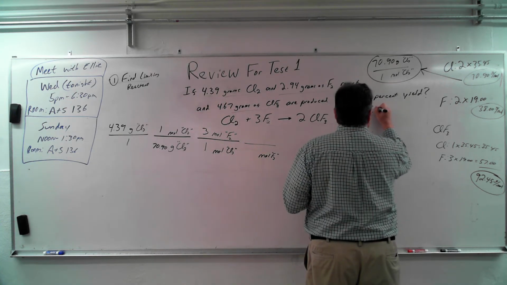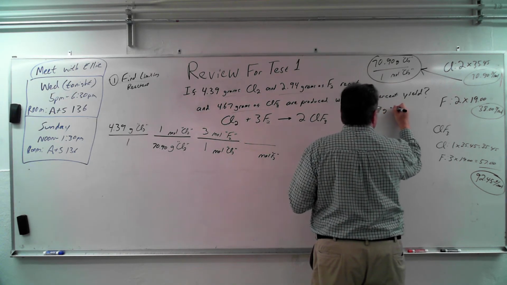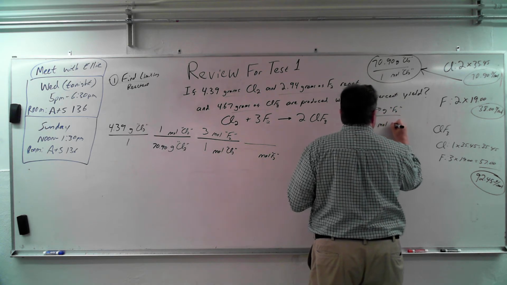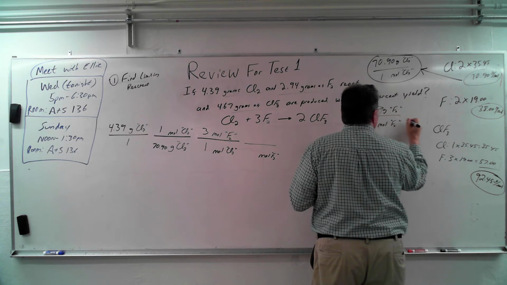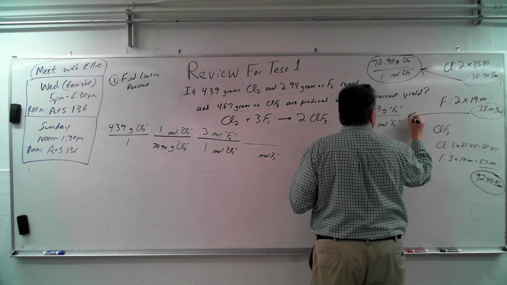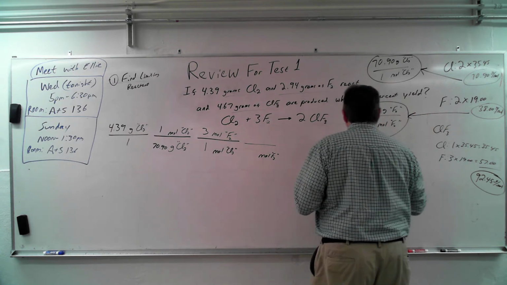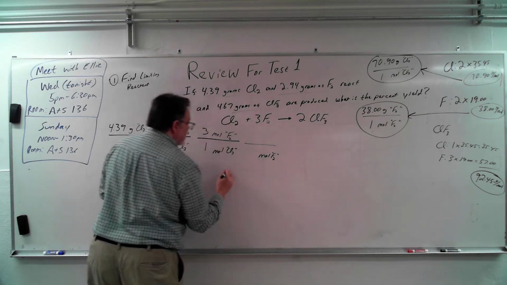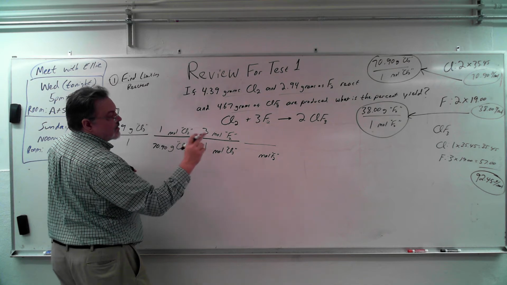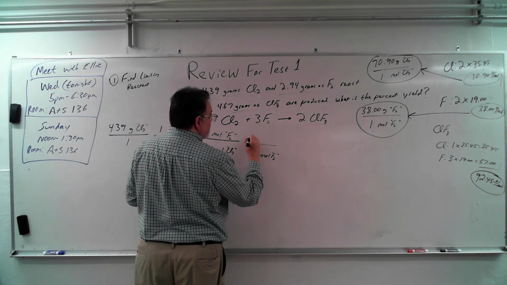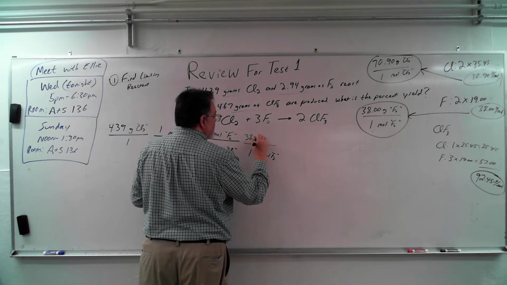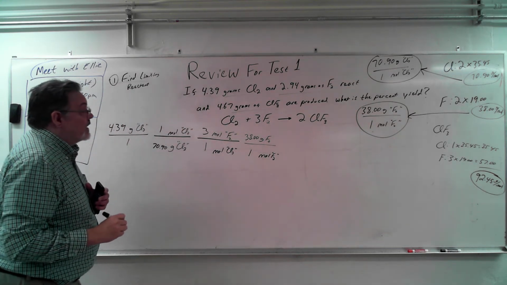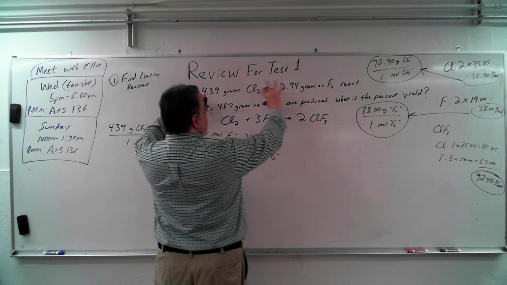So this means 38.00 grams of F2, more formally written, is 1 mole of F2. Now I'm using this, moles of F2. 1 mole of F2. And I point up here where the information is given.